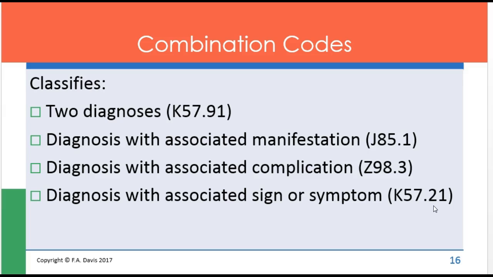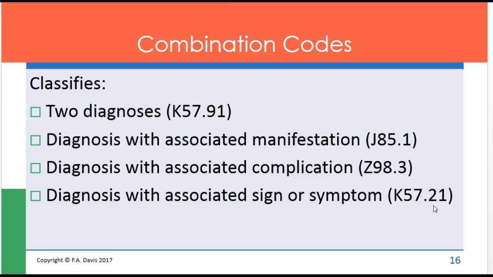When they use and, we read that as and/or. So if your documentation had diverticulitis of the large intestine with perforation but not the abscess, you can still use that code because we read perforation and/or abscess with bleeding. So if it had abscess but not perforation, you can use that code. But that has to be all documented by the provider.